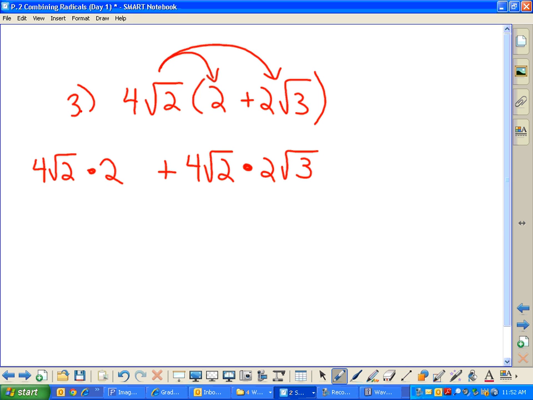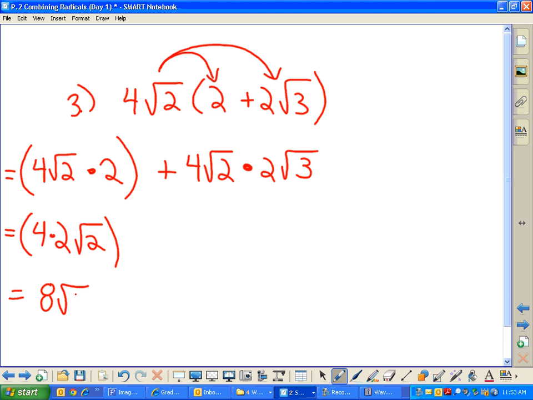Please keep in mind that multiplication is both commutative and associative. So you could rearrange these products based on how you would like to take care of the multiplication. You don't have to show this step, but here's what I'm doing in my head. I'm going to multiply 4 times 2 and then worry about the square root of 2. 4 times 2, that's just 8.